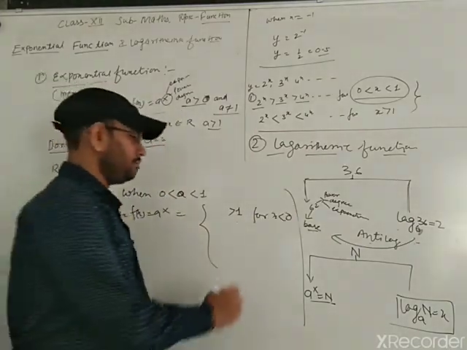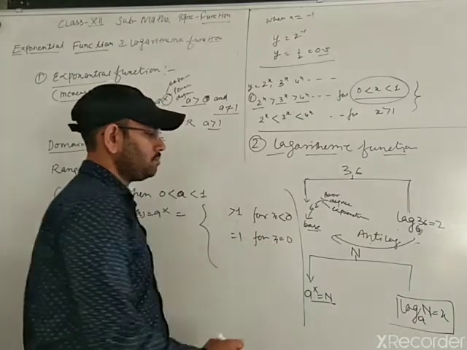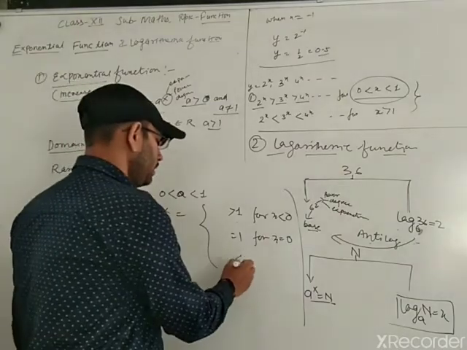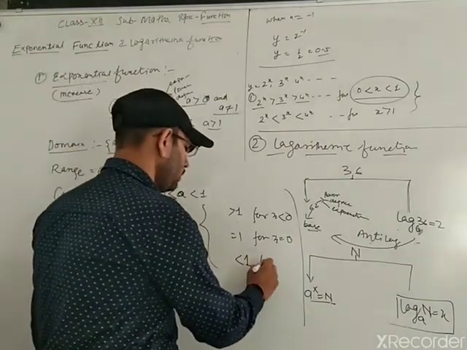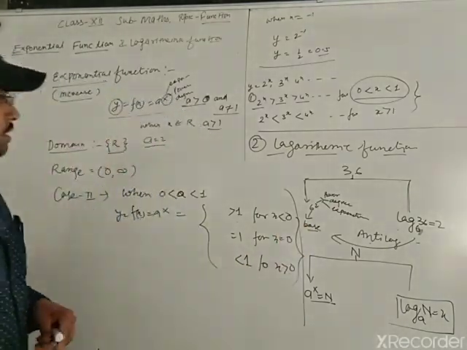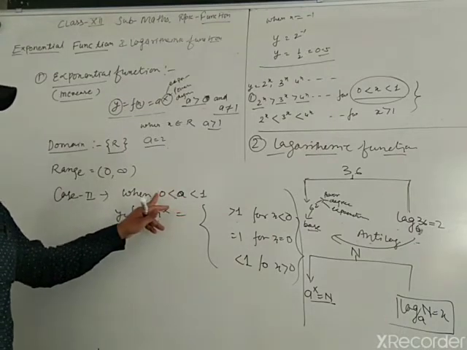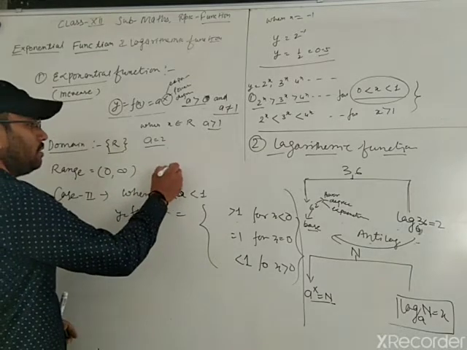Clear? Second, equal to 1 for x equal to 0. Clear? And third, less than 1 for x greater than 0. Same conditions, we are taking a between 0 and 1. In the previous case, we took a greater than 1.